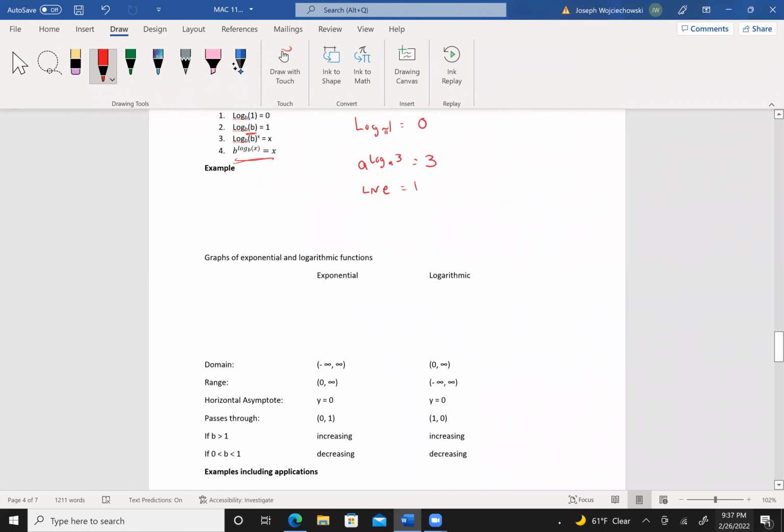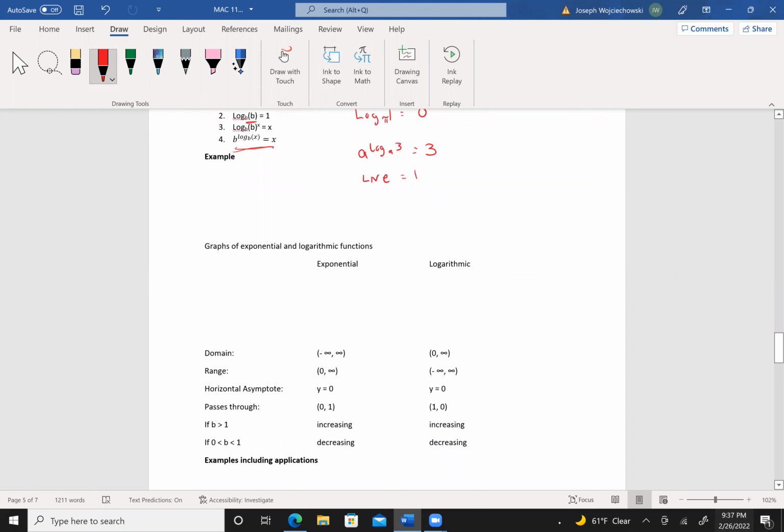So let's look at an exponential function. An exponential function is going to look like this, with this point here, oops, backwards, sorry. So let's try this again.